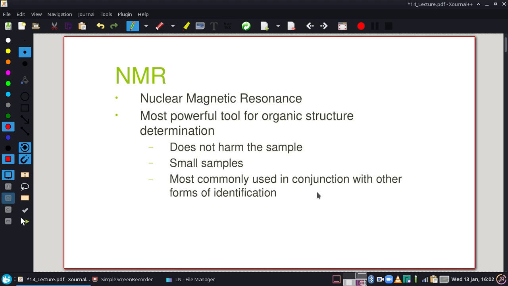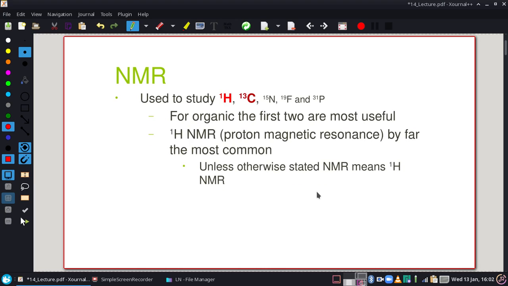Okay, now in NMR, what makes it so versatile is these first two atoms it's really good at studying: just straight protons and carbon, which are two things that we're going to find in any organic molecule, guaranteed, because that's kind of all they're made up of. Now where this comes in very handy is proton NMR.